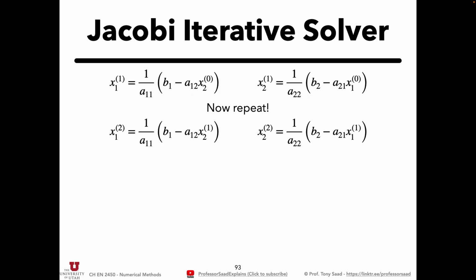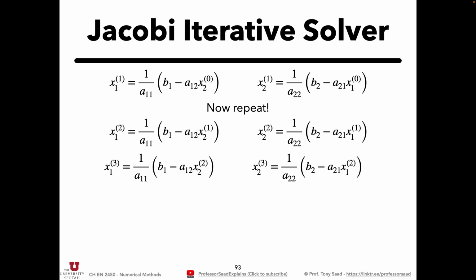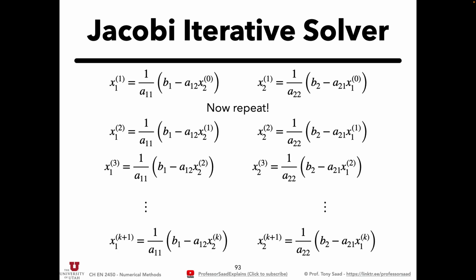So take x1 1 and x2 1 and put them in the same equations, and then improve the guess again. Now see that the counter in the superscript goes from 1, 2, 3, 4, and so on and so forth. Keep repeating until convergence.